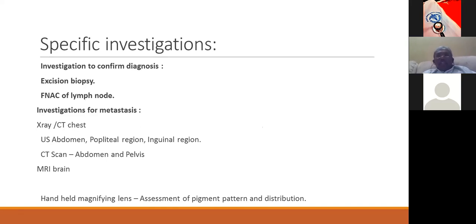All right. Then if you have a doubt, what are the potential doubtful melanoma subtypes? So there will be amelanotic melanoma. Leave alone this patient, I'm asking for exam purposes.